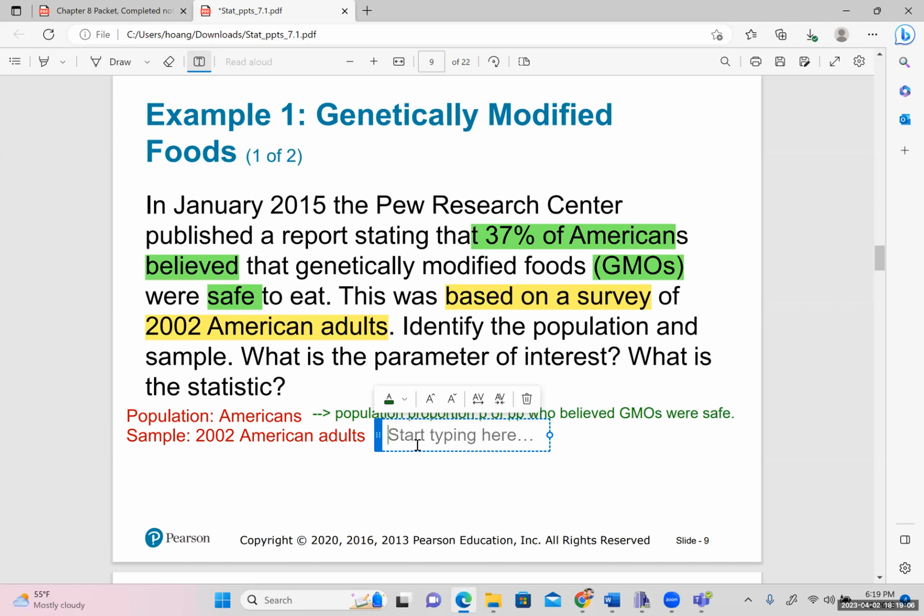And the statistic will be some sample proportion of people who believe GMOs were safe.